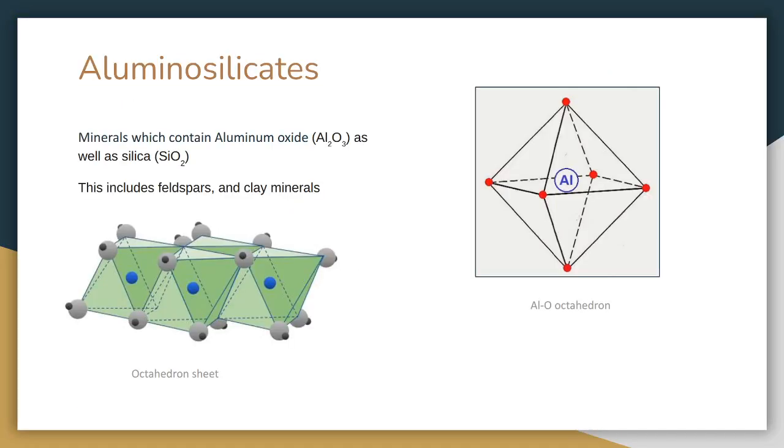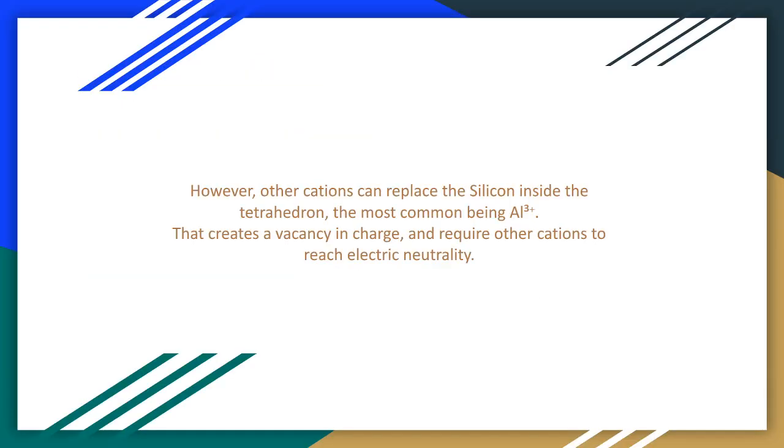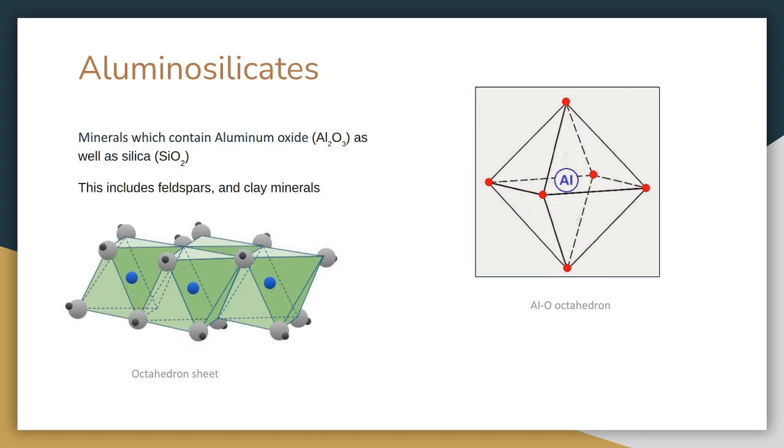Well, moving further, we will focus specifically on aluminosilicates, which are, of course, minerals that contain structures with aluminium and oxygen and the silicon tetrahedron that I previously mentioned.